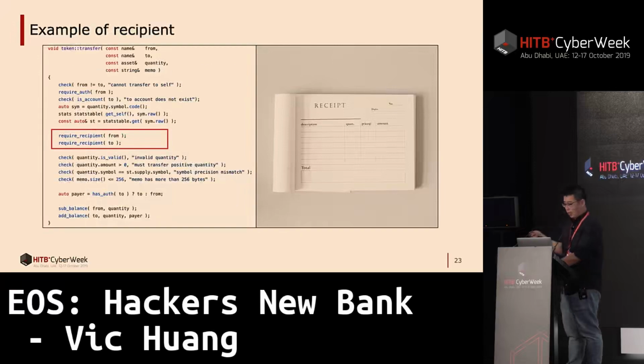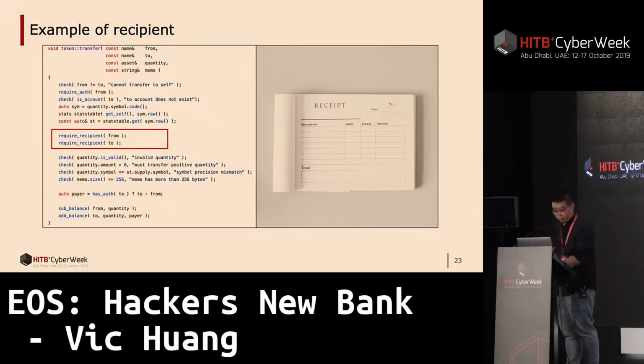So this is if you want to transfer some money from you to a contract, here's the thing to deal with the transfer. The important thing is here: if you transfer the EOS token, there will be a receipt sent to both sides, from and to.